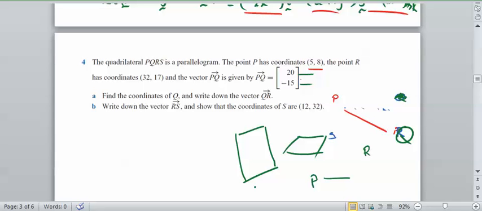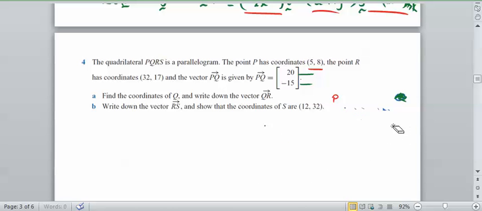But it helps to draw a picture first, doesn't it? We're trying to visualize this parallelogram. So how do we draw it?